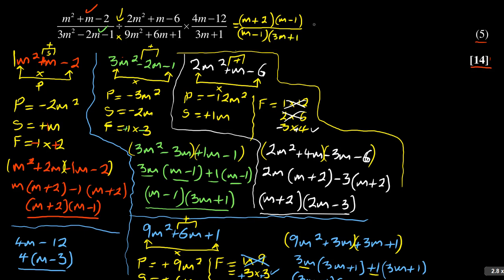And then, as I said, I'm going to put a multiplication sign so that the 9m squared plus 6m plus 1 goes on top. And the 2m squared plus m minus 6, which was on top, goes below, which is the one in white, and we got that m plus 2. Now it has gone below as m plus 2 and 2m minus 3.